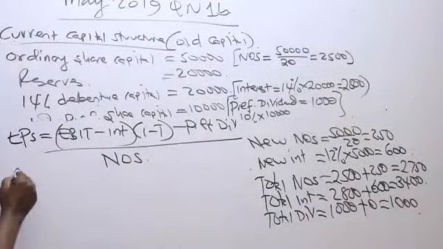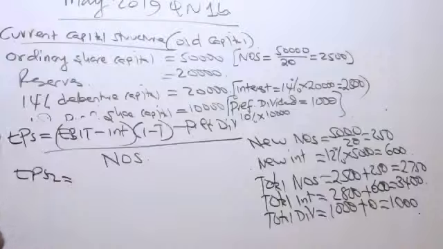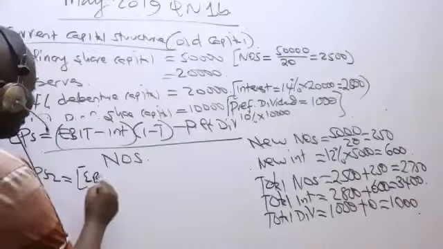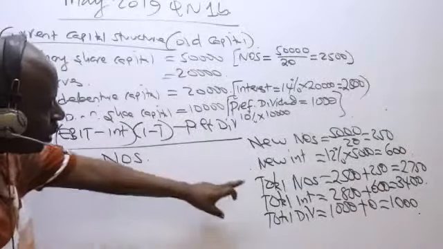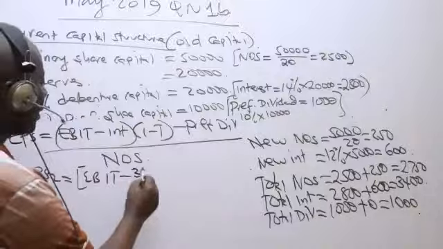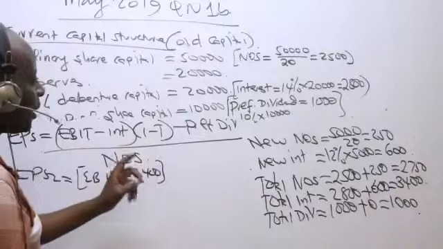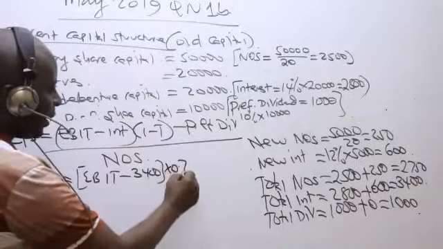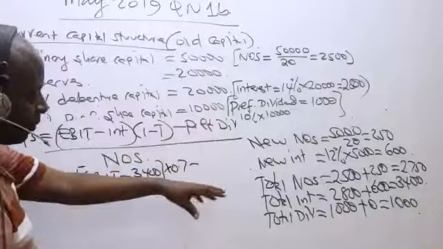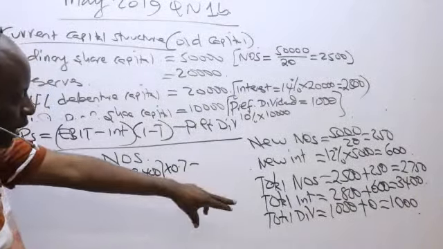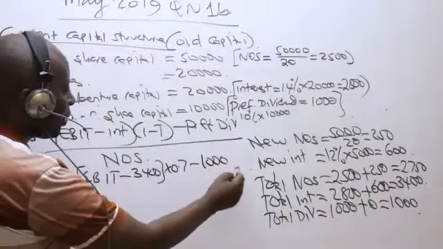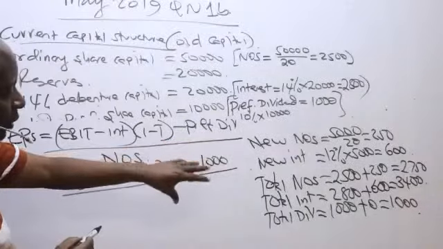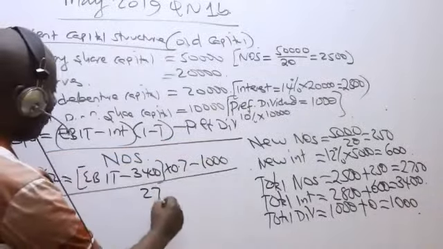So EPS2 will be equal to, of course you don't know EBIT, EBIT minus the total interest here, which is 3,400, times 1 minus 30% tax, which is 0.7, minus preference dividend, which we already have as 1,000, all over the total number of ordinary shares, 2,750.